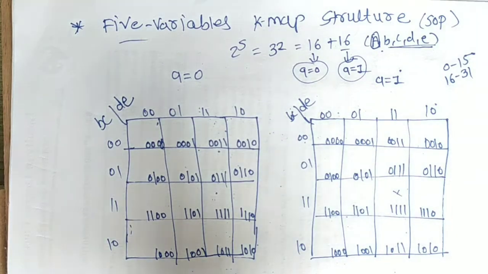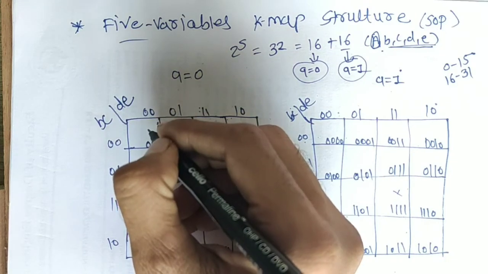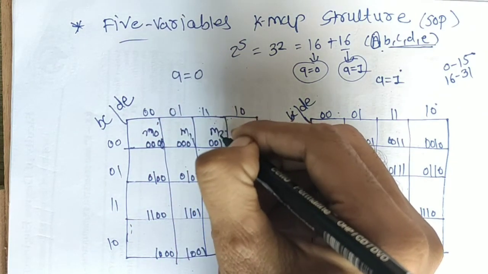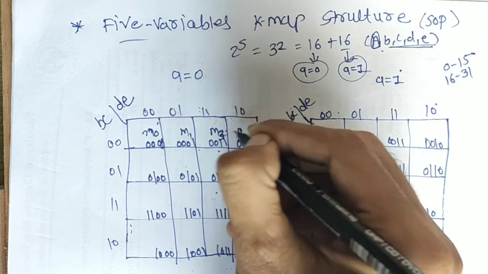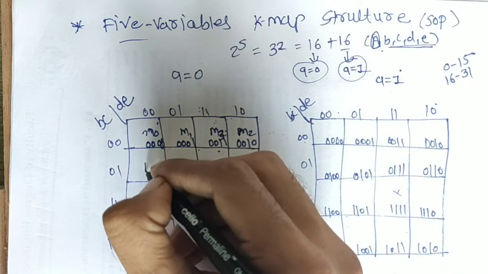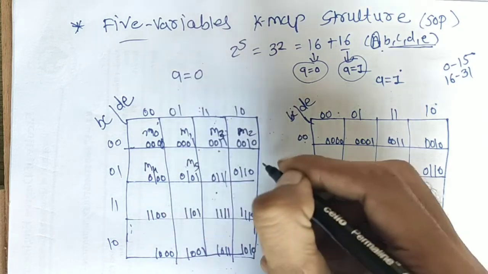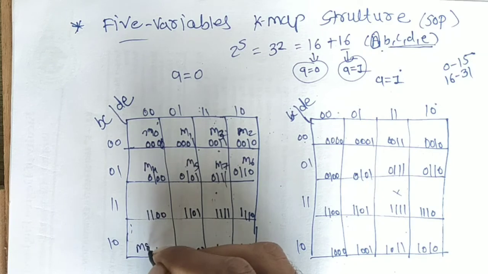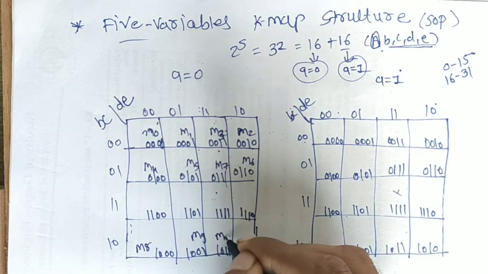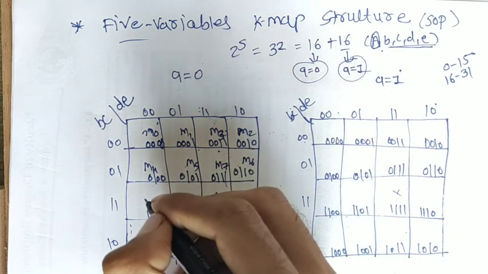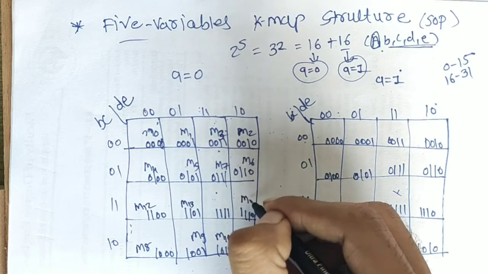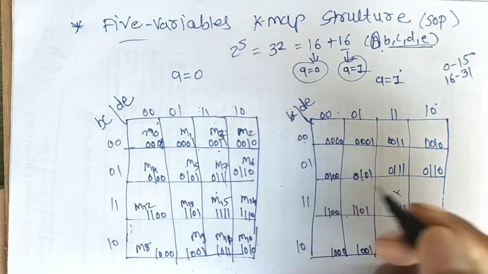Now we can define this address. In terms of the SOP, this is M0, M1, M2, sorry, M3. This is M2, M4, M5, M6, M7, M8, M9, M10, M11, sorry, M11, this is M10, M12, M13, M14, M15.